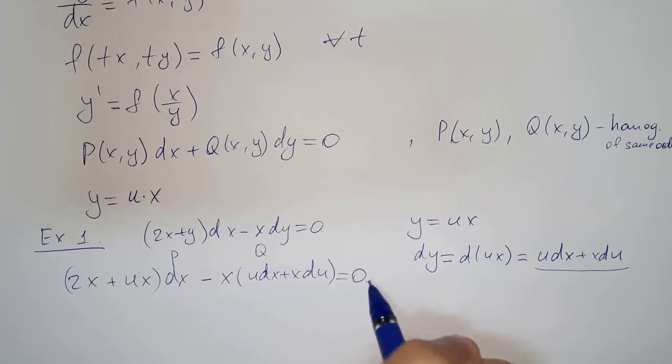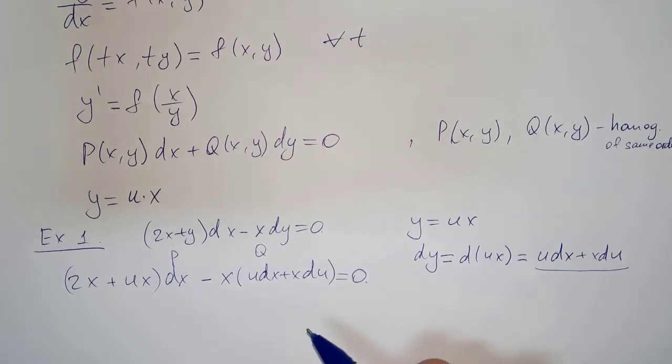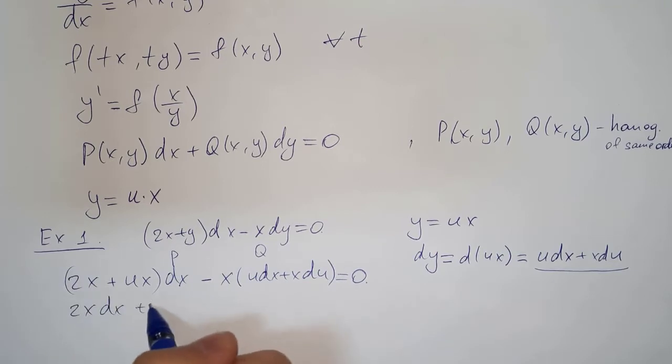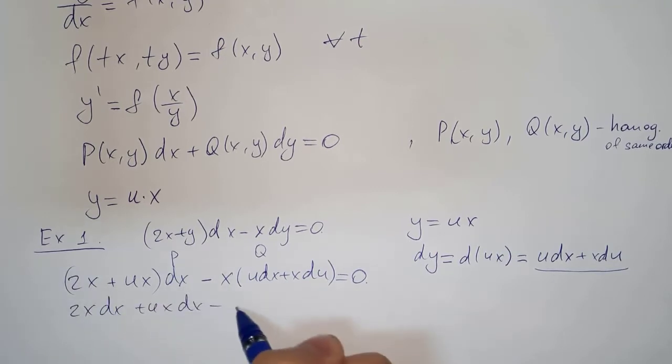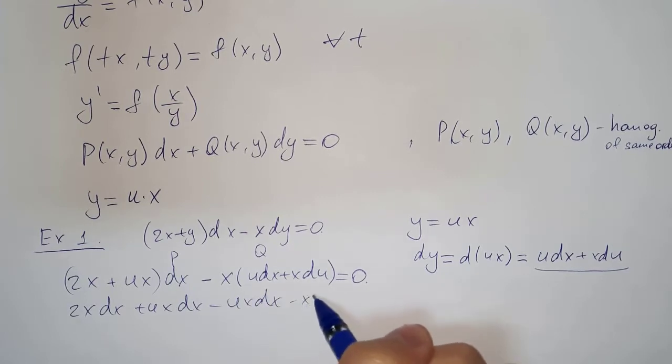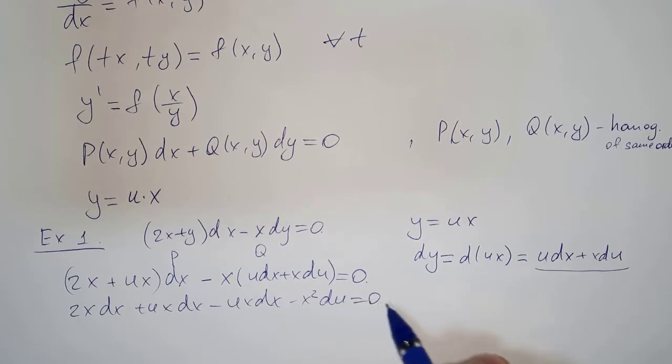And let's open our brackets. We will get 2x dx plus ux dx minus ux dx minus x squared du equals 0.